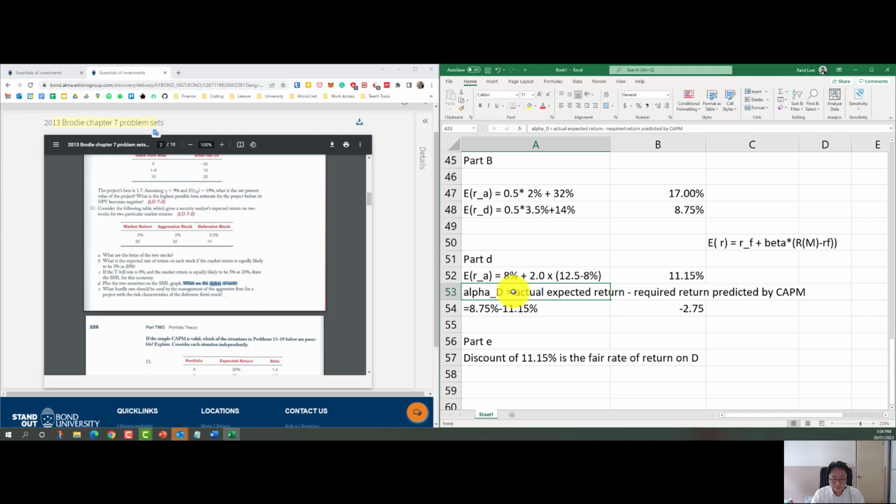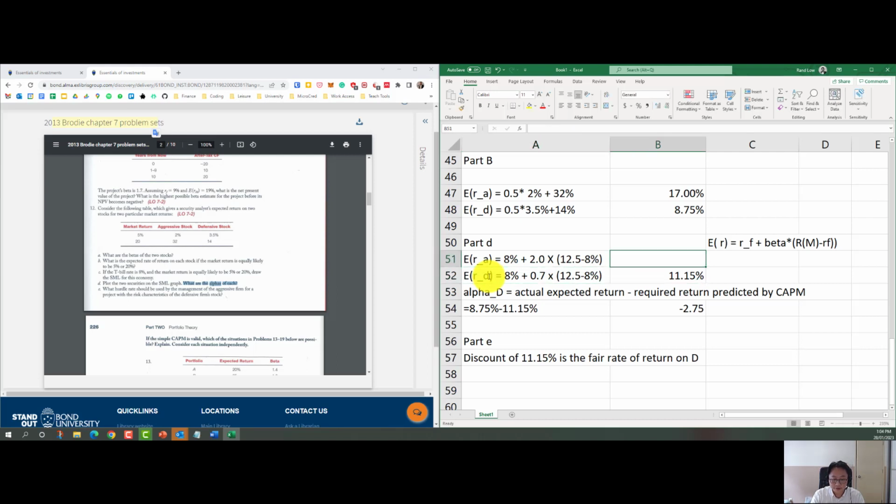So what I want to quickly do here is look at this, which was supposed to be the return of D, and this is going to be 0.7, which makes sense because that corresponds to this issue here. And the E of RA equals 8% plus 2.0 times 12.5 minus 8%.